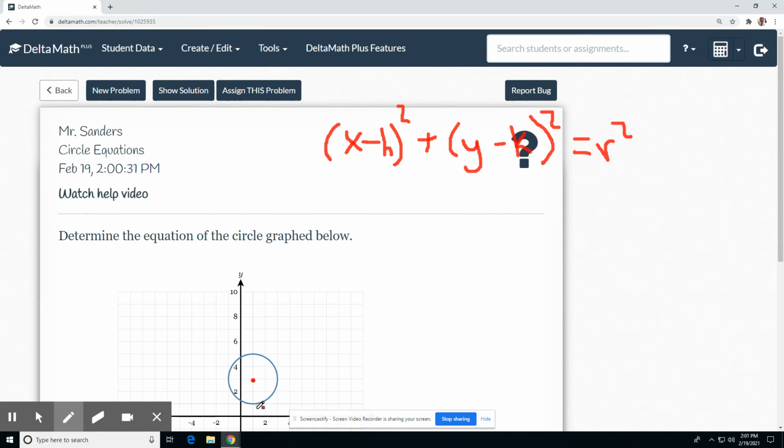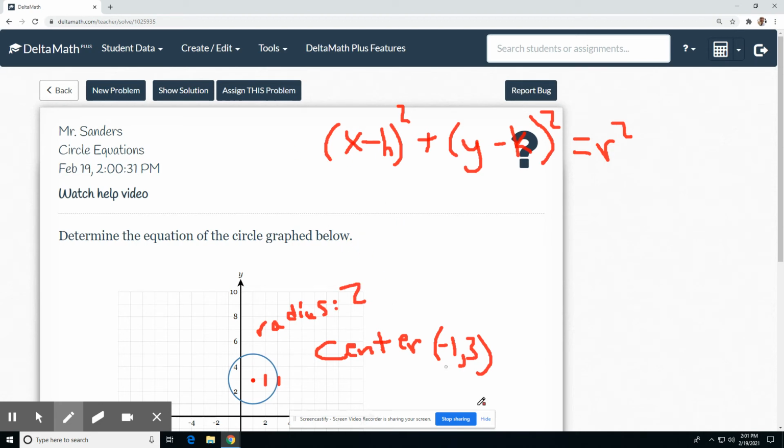So that would be at -1, 3. So center, -1, 3. Radius, 1, 2. It's 2. And then we just plug it in.